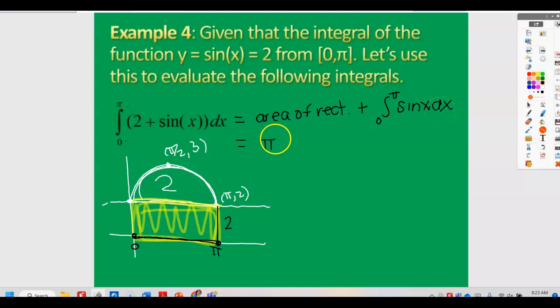So you get pi times 2 plus the 2 that was given to you for that integral. Therefore, this new area is 2 pi plus 2. Make sense?